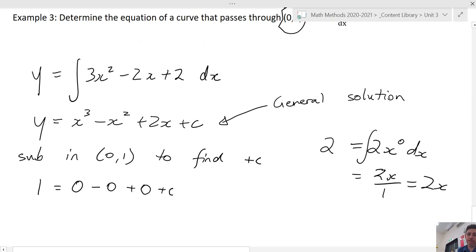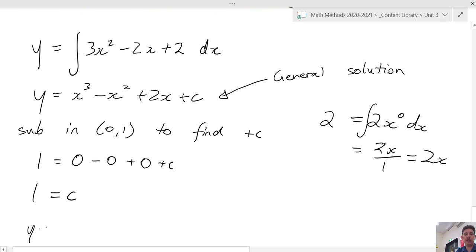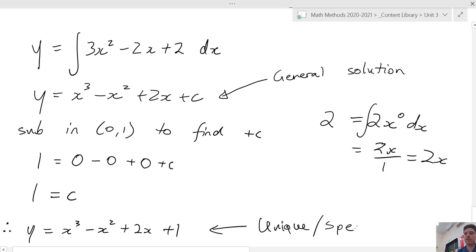What is c? Everyone? 1. So our unique or our specific solution, so sometimes they call it the unique or specific solution. Okay, and that's integration. Congratulations.